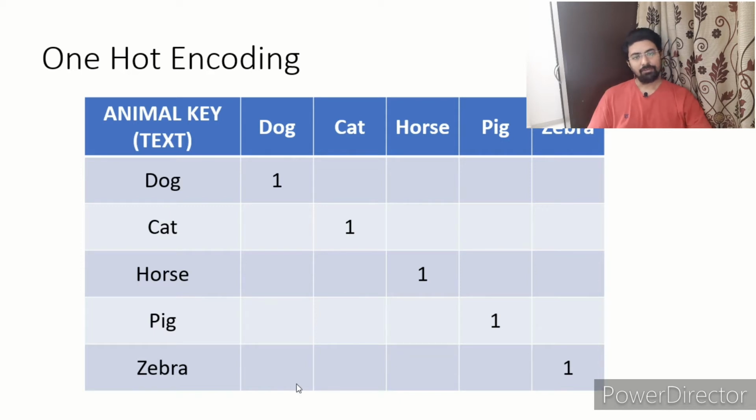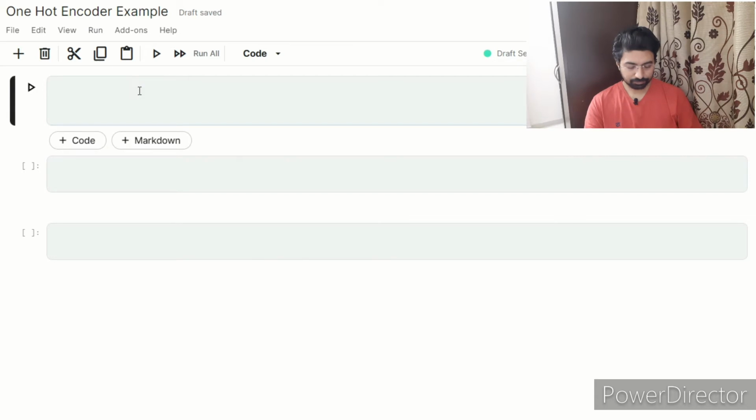We have this encoding method present in the scikit-learn library, and we will check it using some examples. Let's take this example in Python, and I will use a Kaggle notebook to test this. Let's go to the notebook. First thing first, I need to import from scikit-learn.preprocessing.